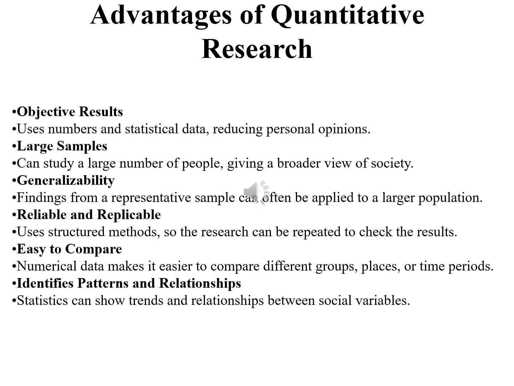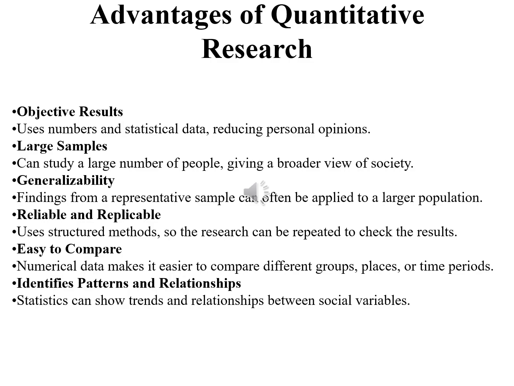Then generalizability. If the researcher uses a good representative, large sample, the findings can often be applied to the larger population. So results can sometimes be generalized to a larger population.